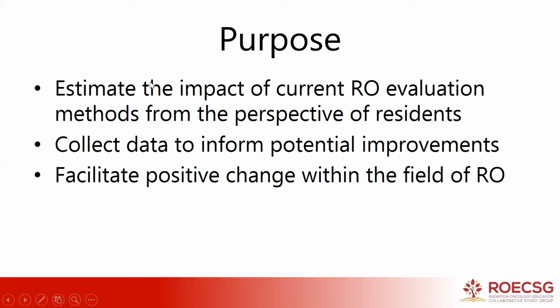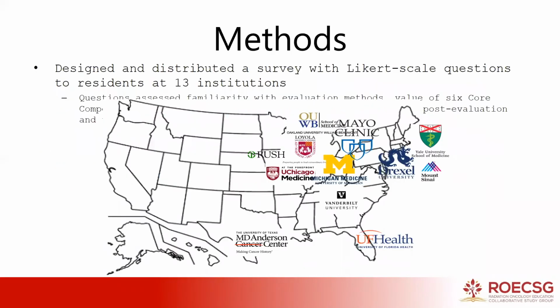Here, we estimate the impact of current radiation oncology evaluation methods from the perspective of residents. We collect data to inform potential improvements, and thereby seek to facilitate positive change within the field of radiation oncology. To achieve the goals of our study, we created and distributed a survey to 13 different radiation oncology programs across the United States.